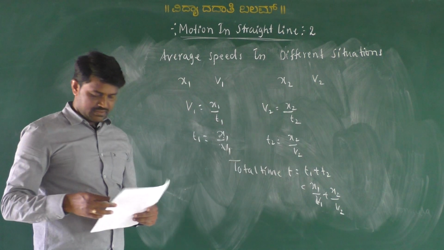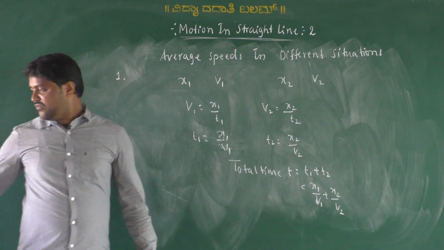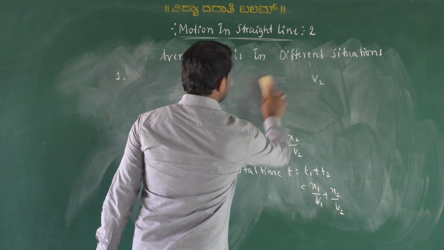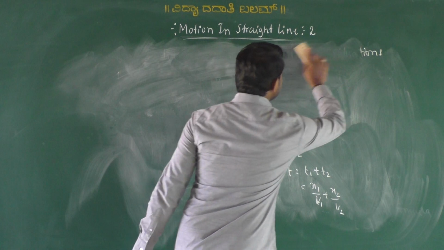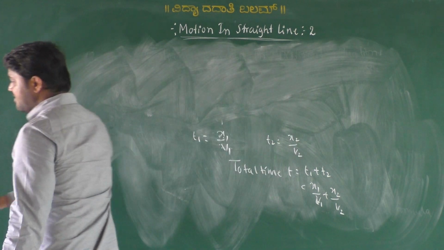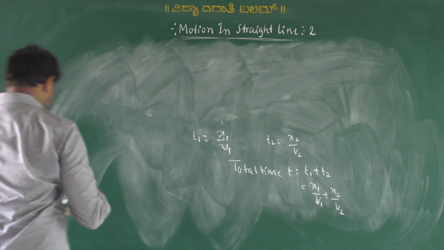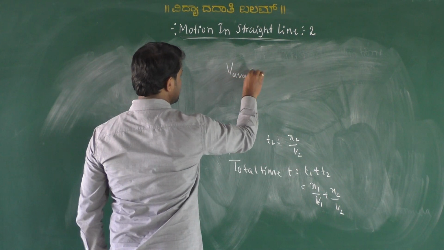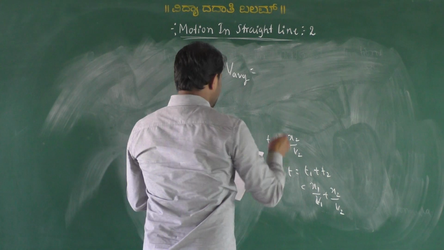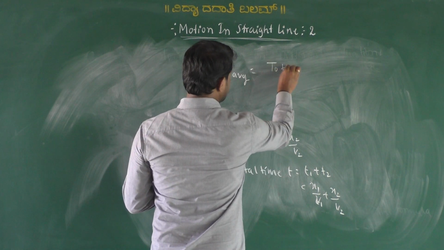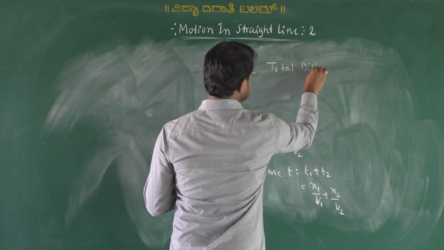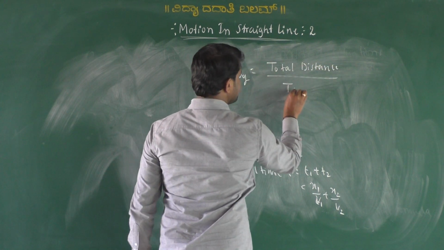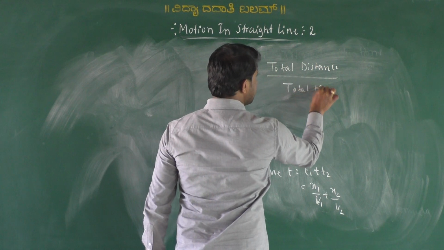So therefore with the help of average speed, I'm just replacing the value here. ಏನು ರಿಪ್ಲೇಸ್ ಮಾಡಬಹುದು ನಾನು ಅಂದ್ರೆ, average speed is equal to V average equal to total distance by total time here.